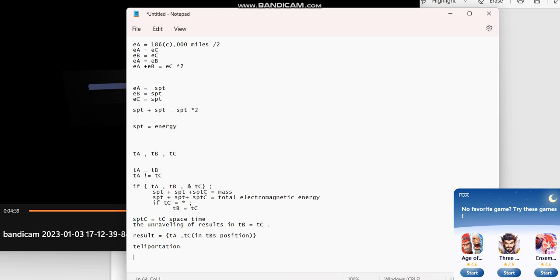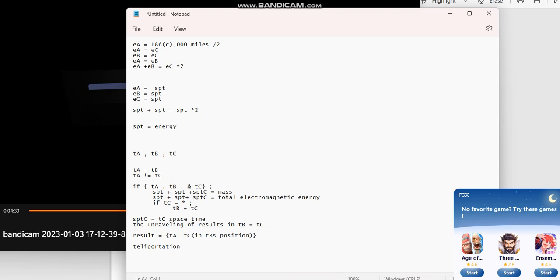And this expression allows for intuitive thought with, for example, quantum tunneling. So in this case, the unraveling of TB and TC causes them to interchange, or the unraveling of TB and TC, I'm saying that it happens simultaneously, causes TB to become TC.